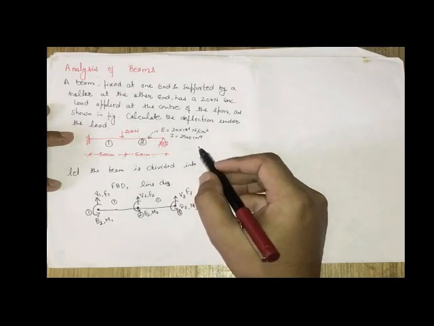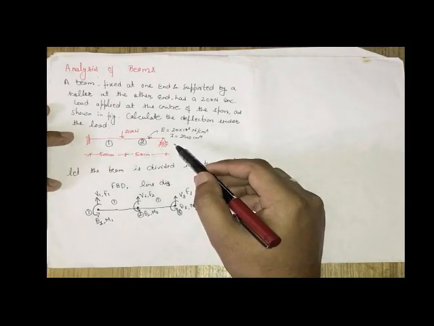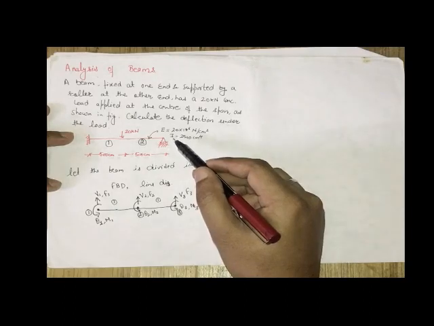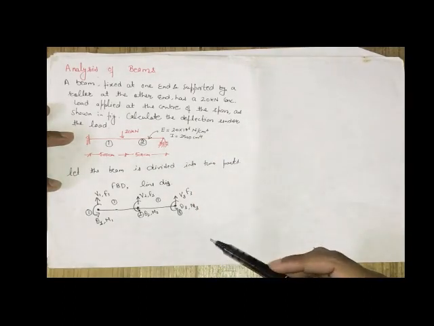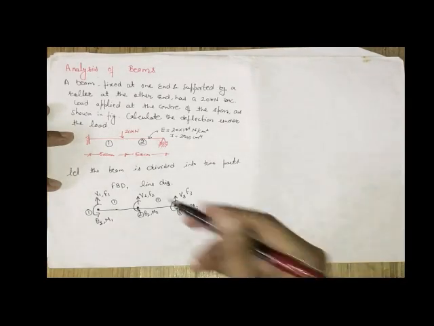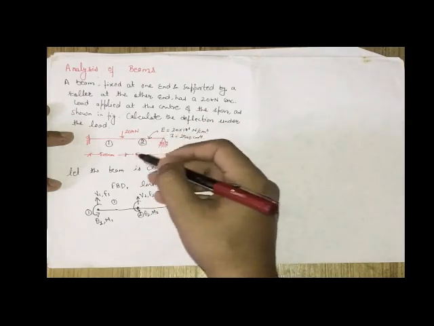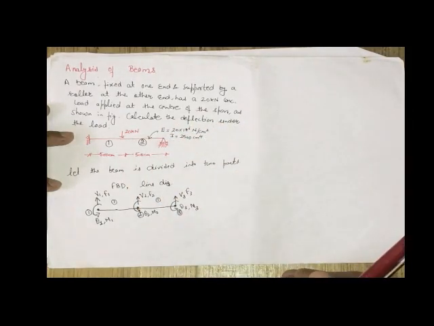It may be rectangular or circular, and then you need to find out the moment of inertia, I. Young's modulus is sometimes the same for both elements, 1 and 2, but sometimes it may be EI here and 2EI here. This is nothing but the property of the element.